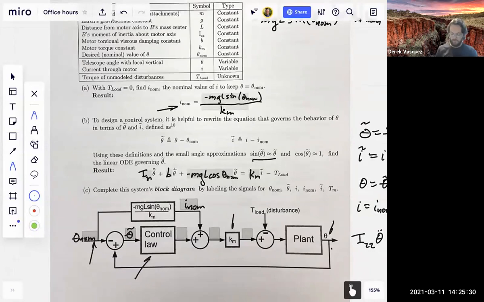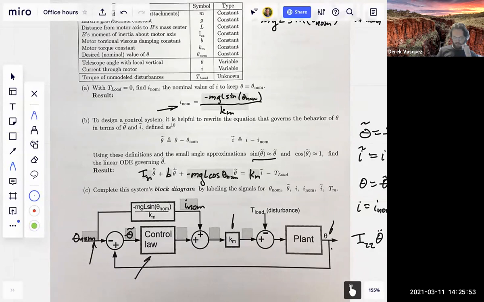Our control law is essentially what takes our error, our theta tilde, and then decides, okay, I need to put this much effort or this much force or this much current into the system.